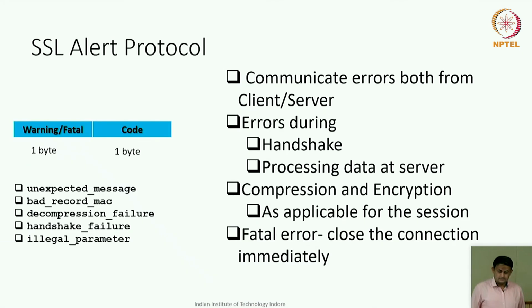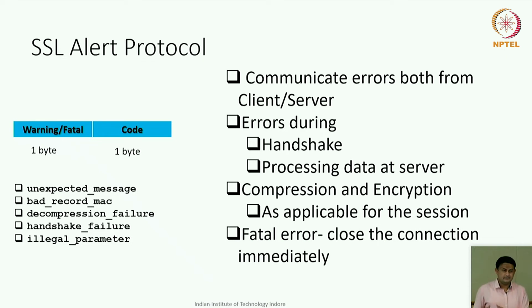But now let's take a look at the management protocols that I was referring to. The first management protocol is called the alert protocol. The alert protocol is meant to communicate the errors and warnings that are generated during the communication. Those errors might be at the client side or the server side.